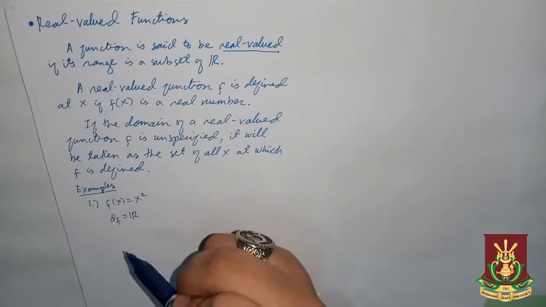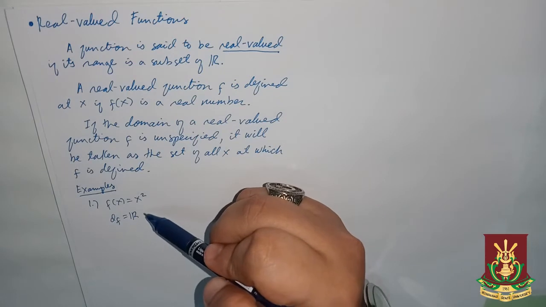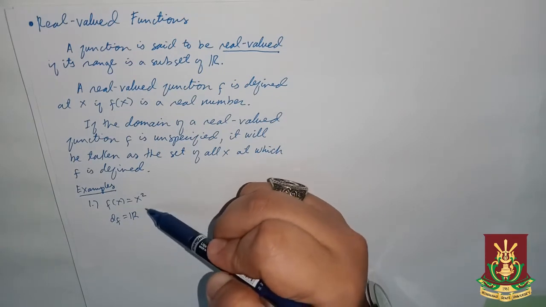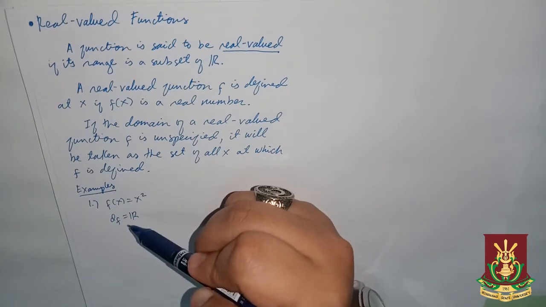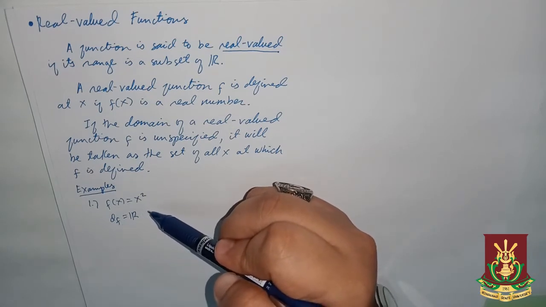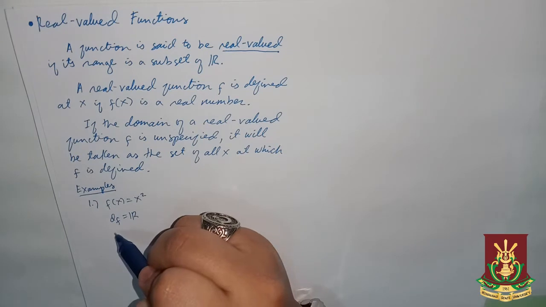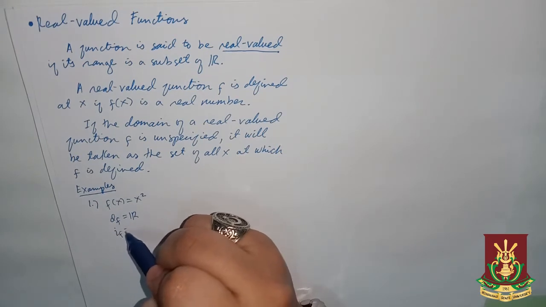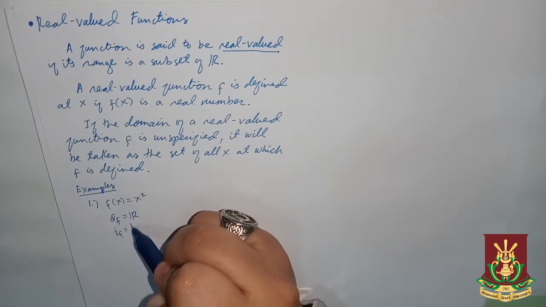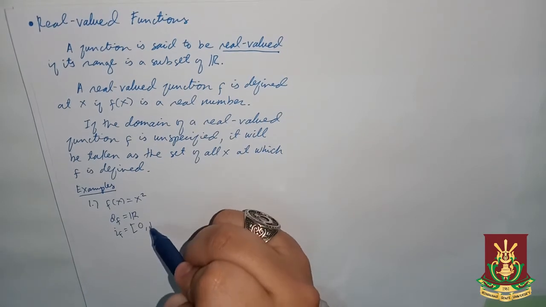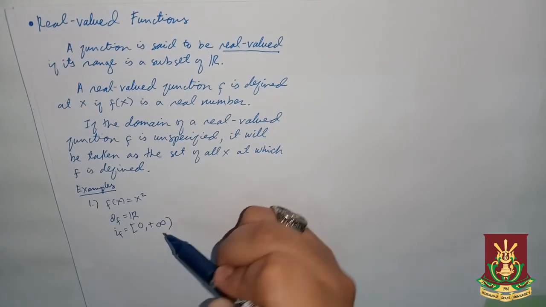As you can see, when we substitute the values of x taken from this domain, f of x is always non-negative. Hence, we conclude that the image of f is the interval from 0 to positive infinity.